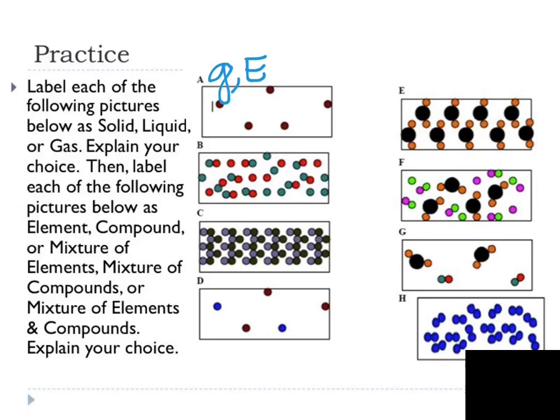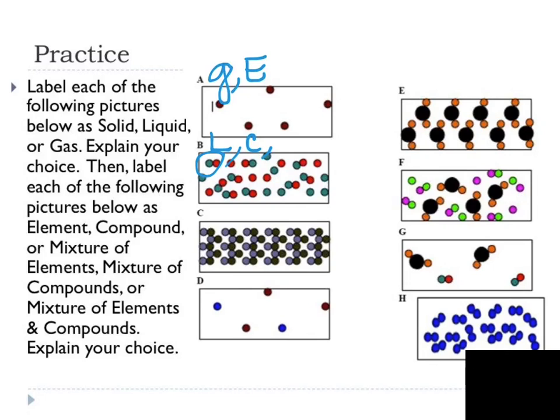What about B? It's a liquid. What makes it a liquid and not a solid? Not completely together, not tight, not organized. Less organized, good. Now, we have this here. So what is that? A homogeneous compound. Okay, wait.